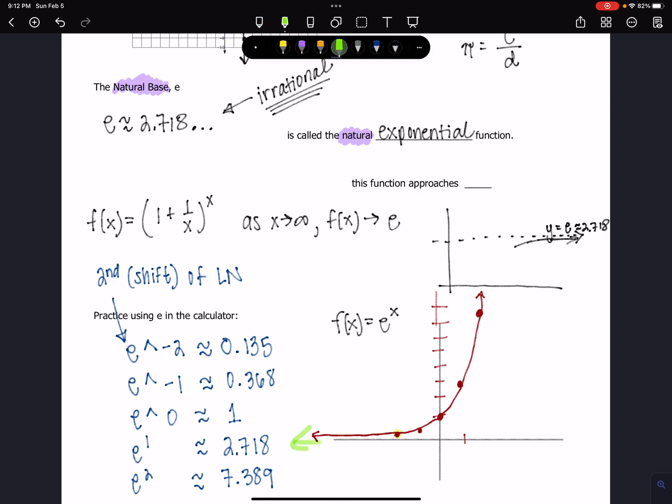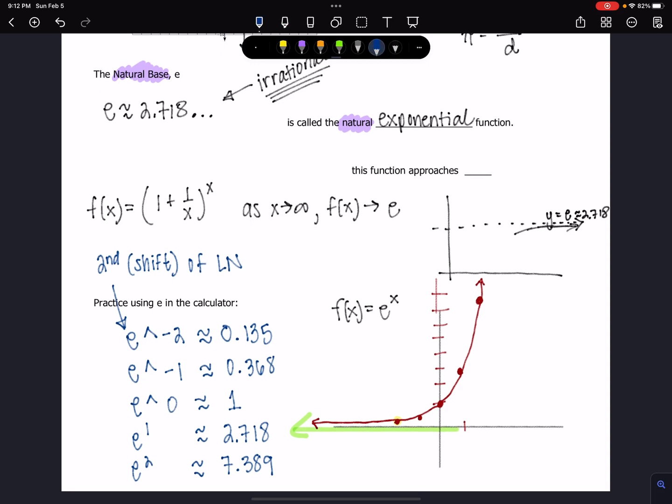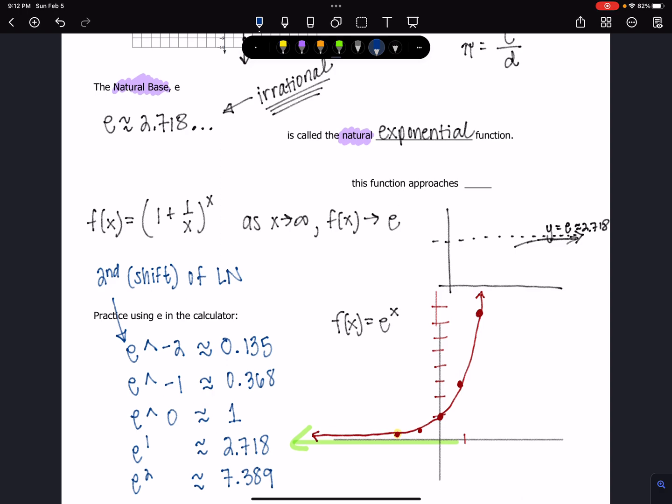This is going to be a parent function that we're going to want to have memorized pretty quickly. So the points I remember are (0, 1), (1, 2.7-ish), and (2, 7.3-ish). I'm not even rounding, because I just put between 7 and 8.